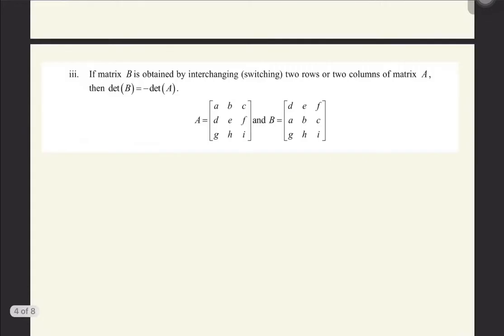The third property: if matrix B is obtained by interchanging or switching 2 rows or 2 columns of matrix A, then the determinant of B is equal to negative determinant of A. So if you compare these two matrices here, we can say that matrix B is obtained by switching the first 2 rows.